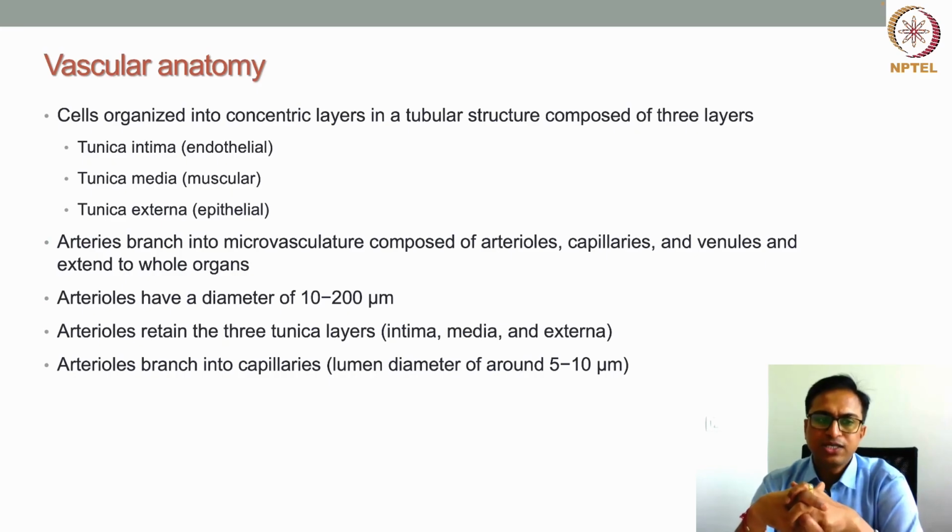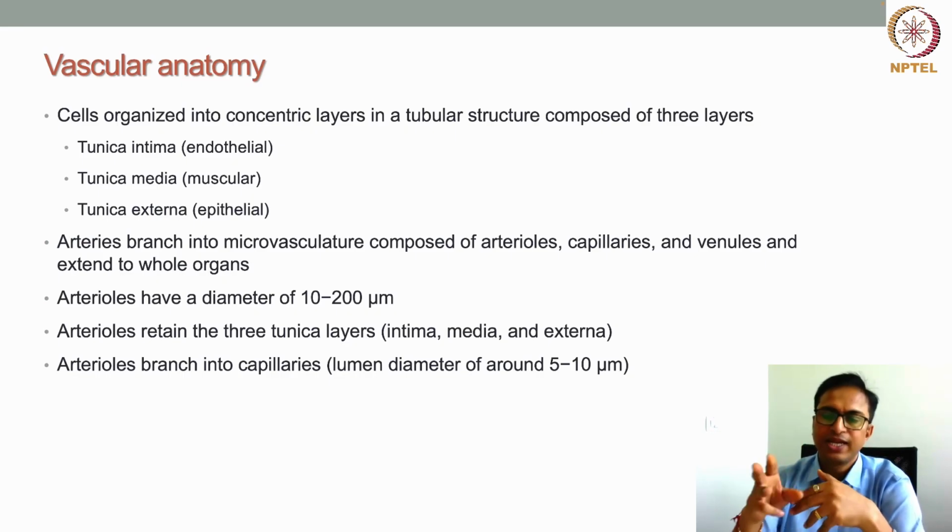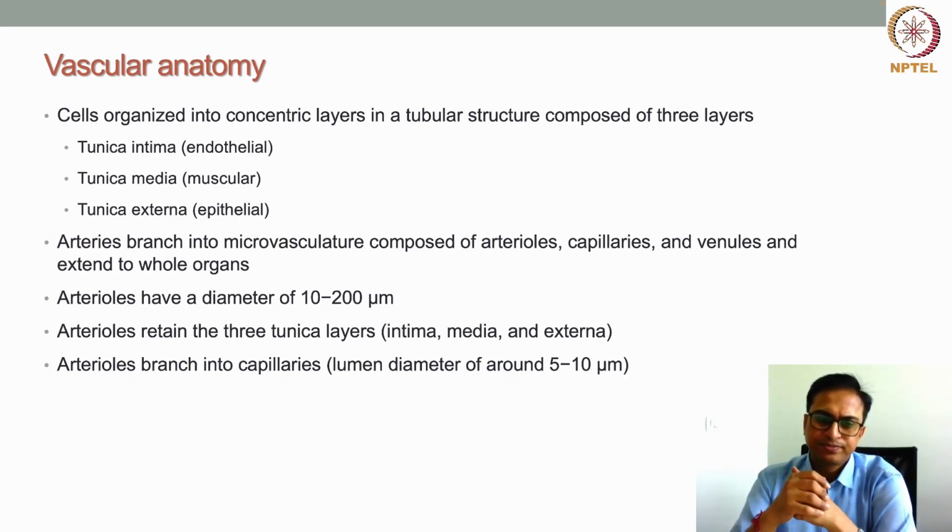Okay. The arterioles have a diameter of almost 10 to 200 microns, and the arterioles also retain all these tunica layers, like intima, media, and externa. All three layers are present in the arterioles.